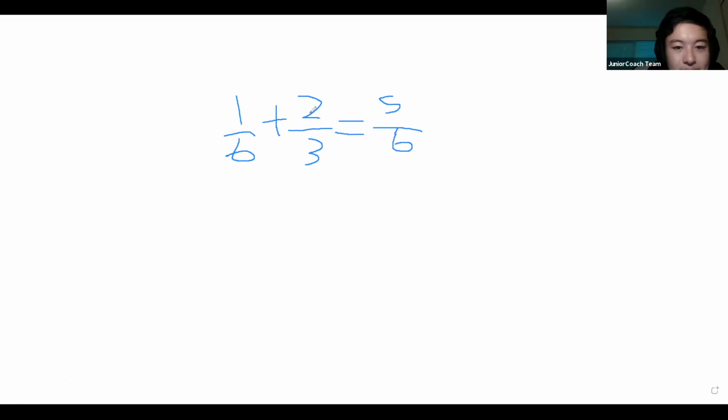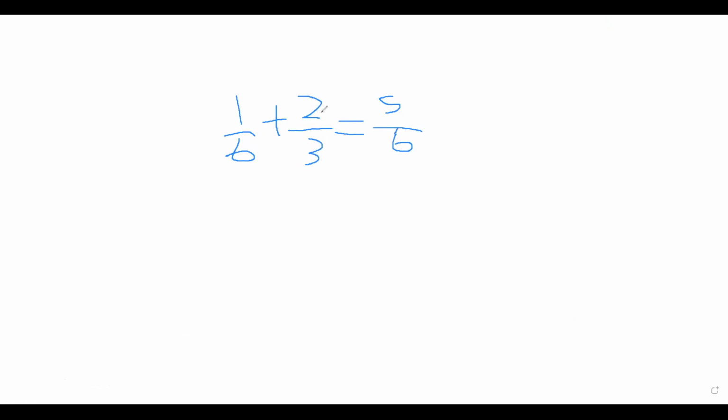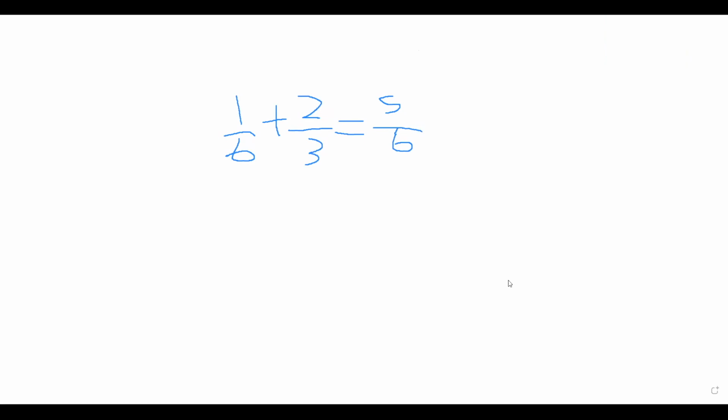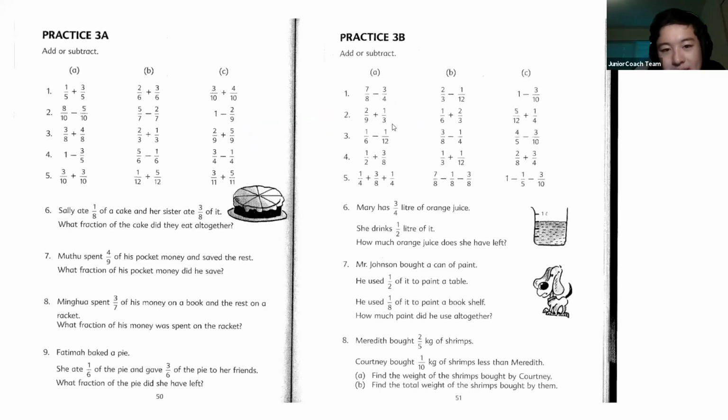Because 2 thirds is 4/6, and plus 1/6, right, 5/6. Nice. Looks like we got the gist of it. All right, let's do the last one. 2a. 2/9 plus a third. Yeah, 5/9.